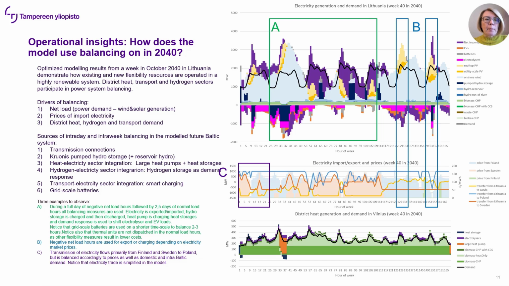Example A. During a full day of negative net load hours followed by 2.5 days of normal load hours, all balancing measures are used. Electricity is exported and imported, hydro storage is charged and then discharged, heat pumps are charging heat storages, and demand response is used to shift electrolyzers and electrical vehicle load.